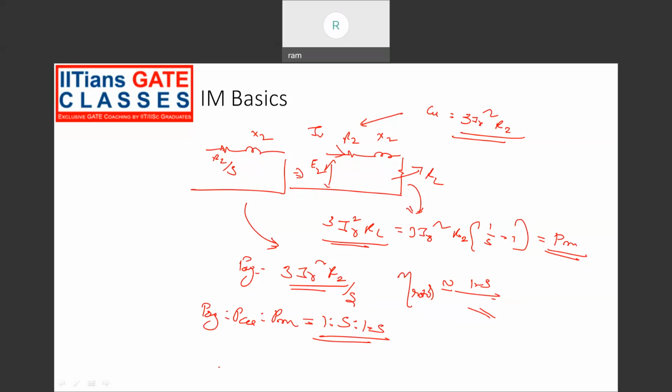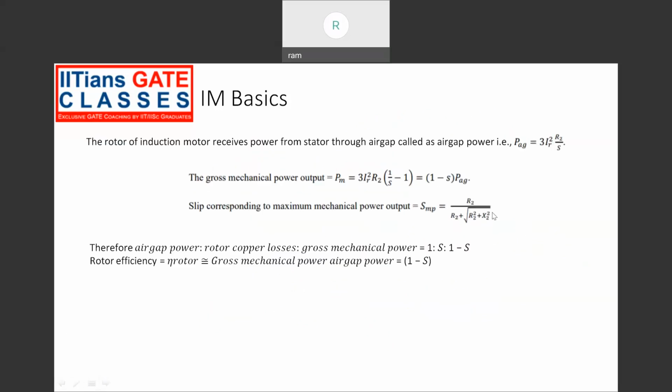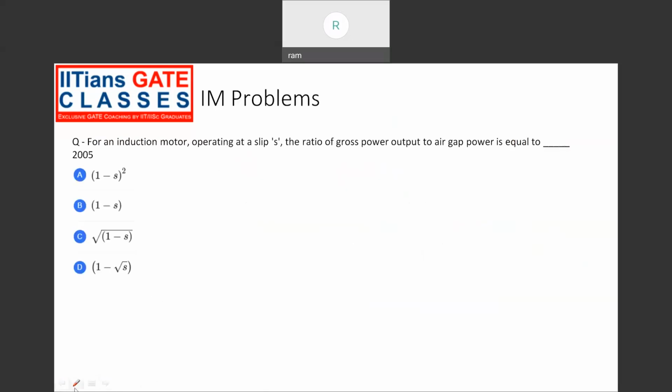Okay, let's go to the next slide. This is what we have discussed in the question for induction machine: the ratio of gross power output to the air gap power equals? We know that the air gap power is given by 3 IR square R2 by S, equation 1.